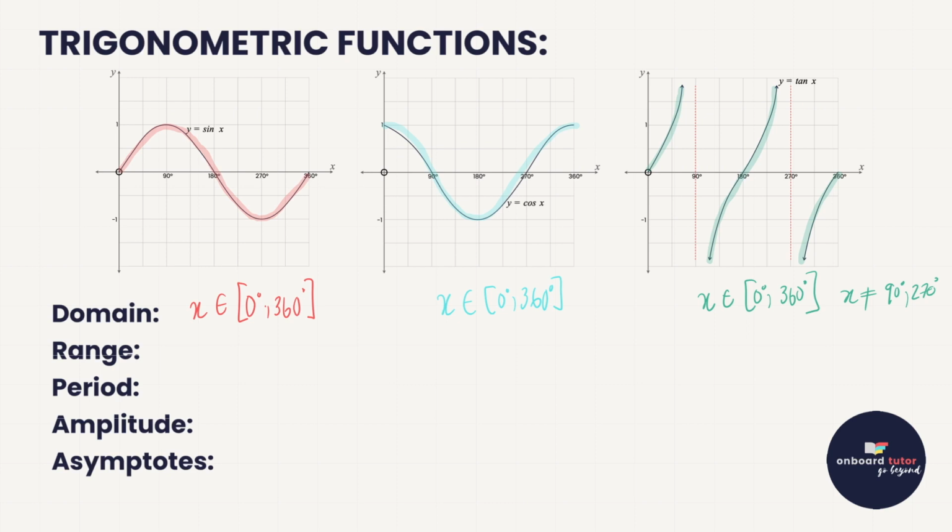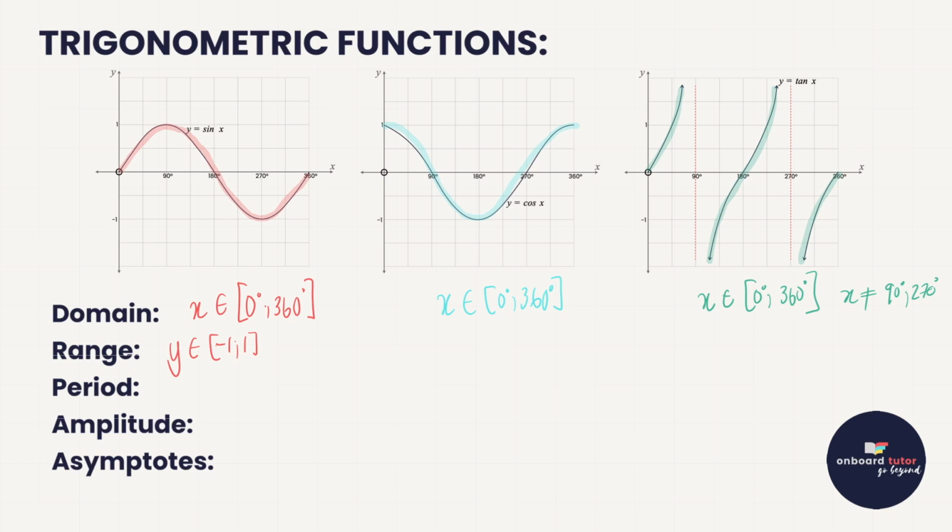Then the range, let's have a look. Here we want to go from smallest: minus 1 is my lowest point, 1 is the highest point. So y is an element from minus 1 up to 1. And for the cos graph, my lowest point is minus 1, highest point is 1.